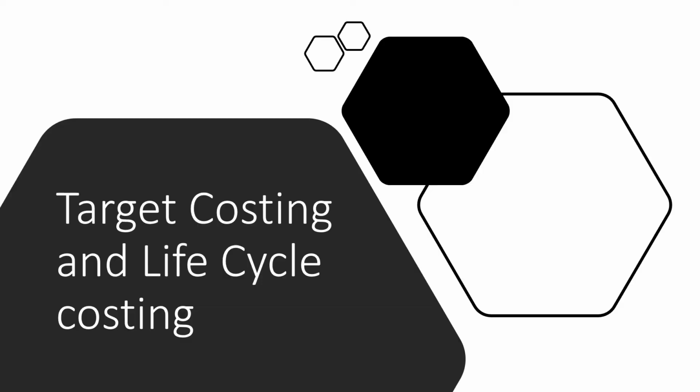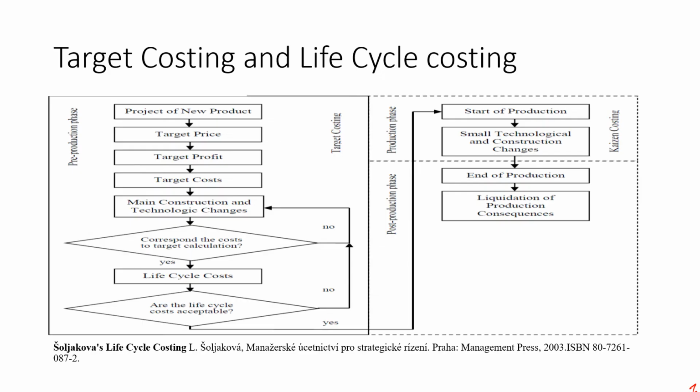After understanding life cycle costing, we'll try and relate life cycle costing and target costing. So here is target costing and life cycle costing for a new product. You can see that we start with target pricing and then we deduct the target profit. We have our target cost.